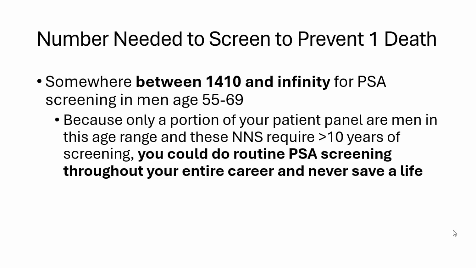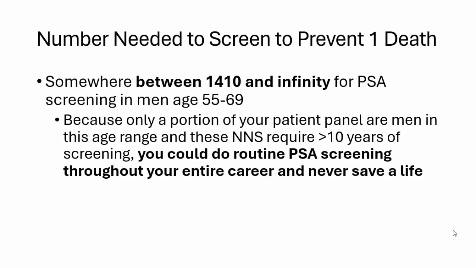I will point out that since most of us only have a portion of our patient population that is both male and within the age groups that we're talking about here, 55 to 69, and this number needed to screen includes 10 plus years of screening, that means that a number needed to screen of 1,400 could be a full career's worth of a primary care physician, for example, doing routine PSA screening.